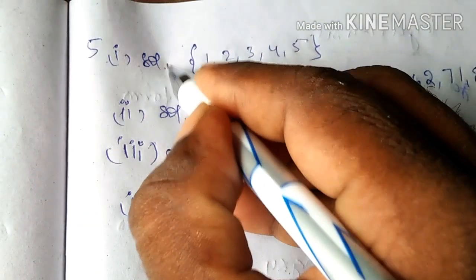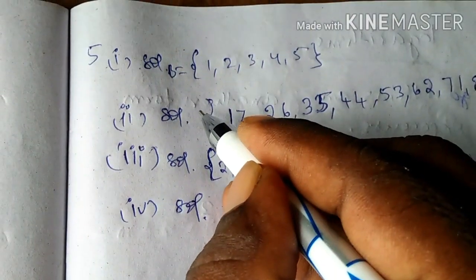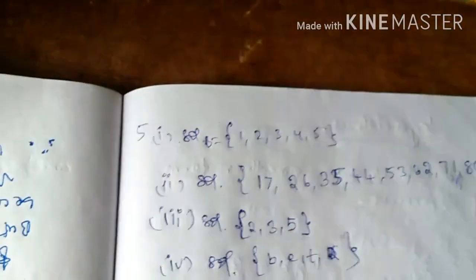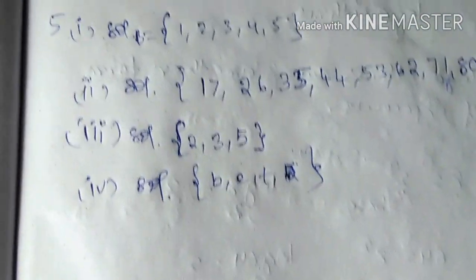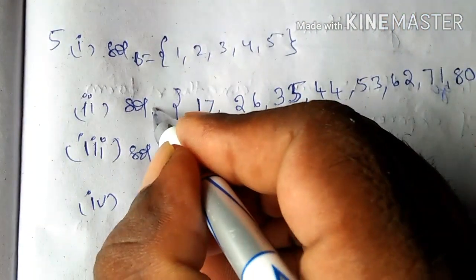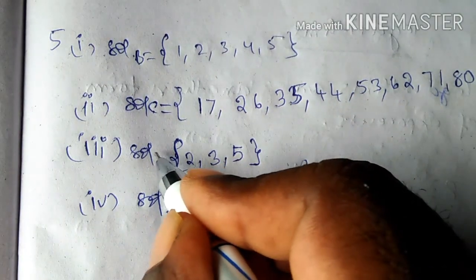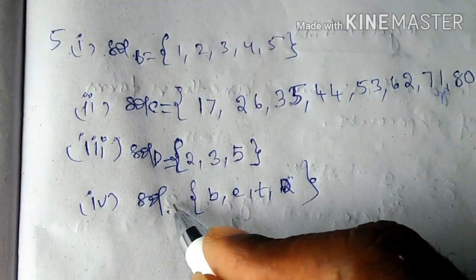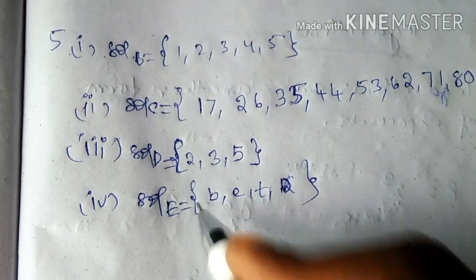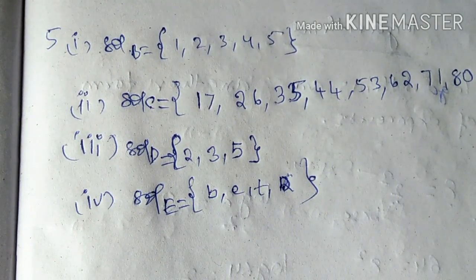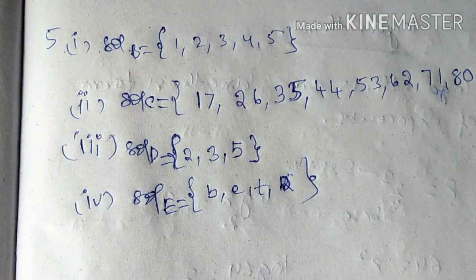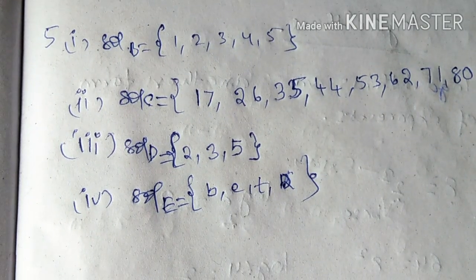You can write B is equal. Second one, C is equal. Third one, D is equal. Fourth one, E is equal. You have to write this. Okay. Next.